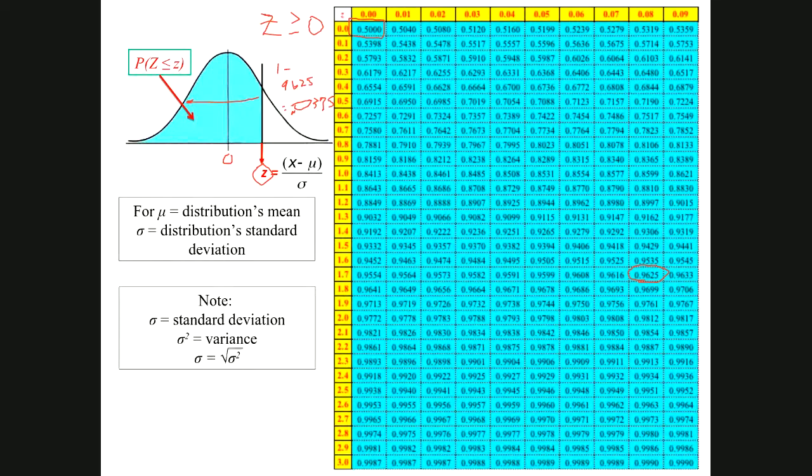So again, you can manipulate this and determine any probability with just this table. We're going to look at some examples for that, so don't be concerned.